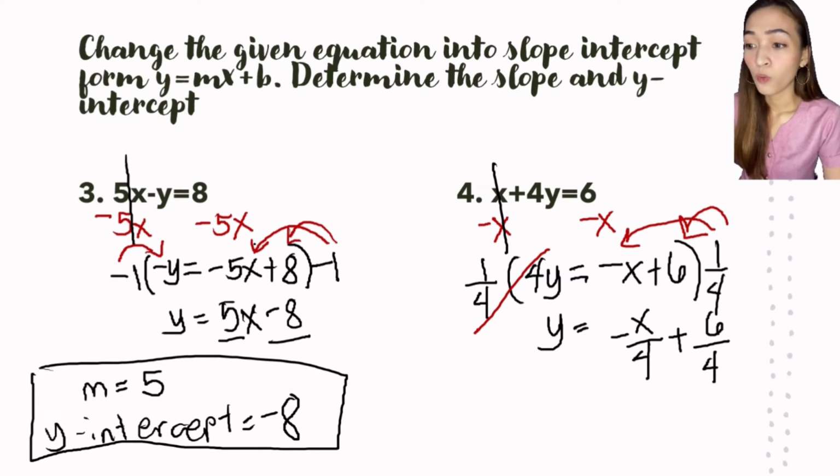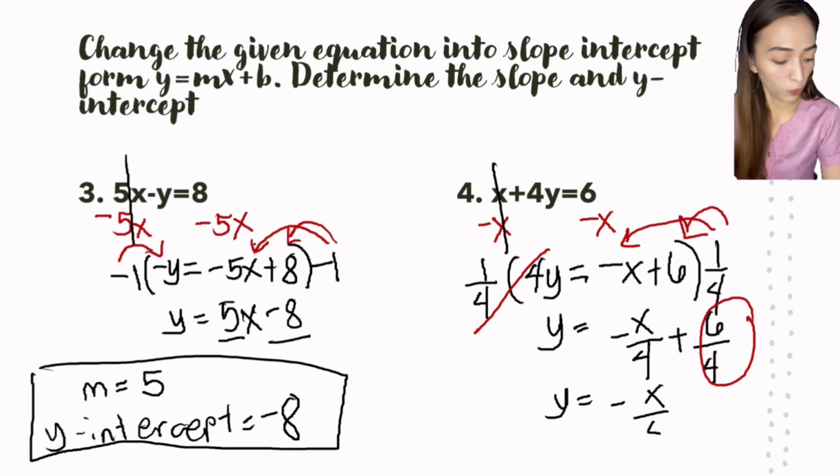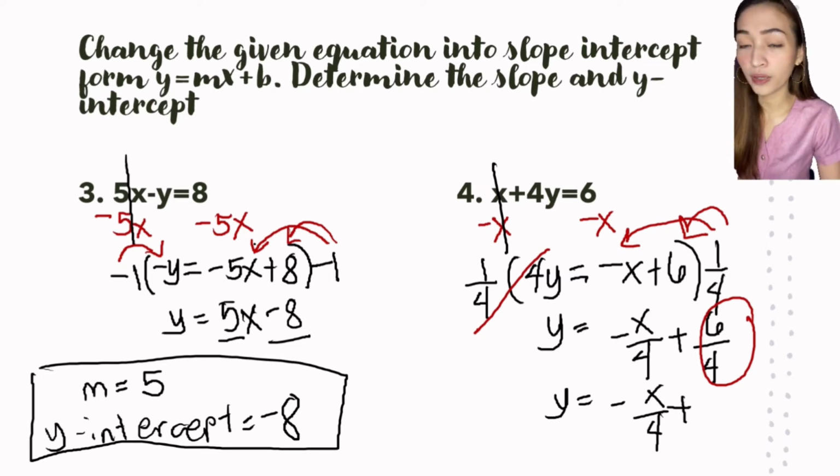But we can simplify 6 over 4. y equals negative x over 4 plus the simplified form of 6 over 4, which is 3 over 2.